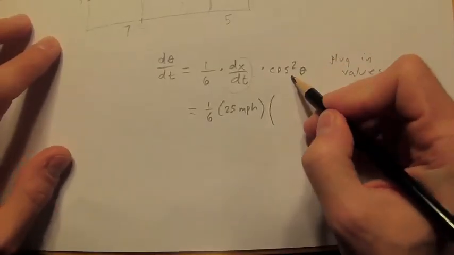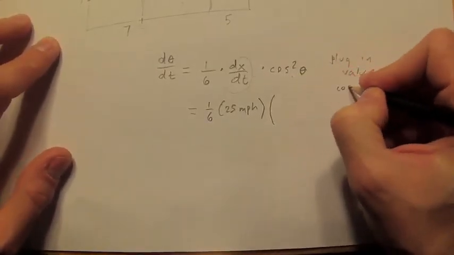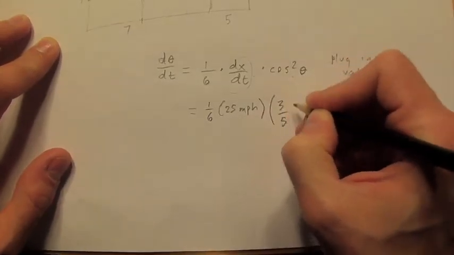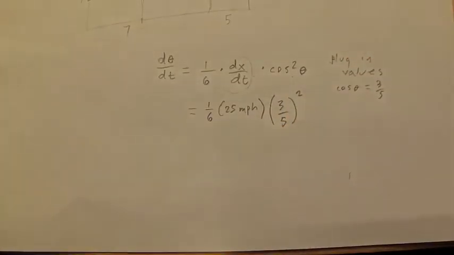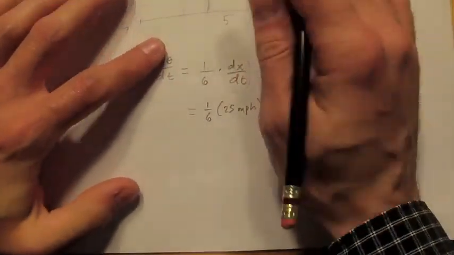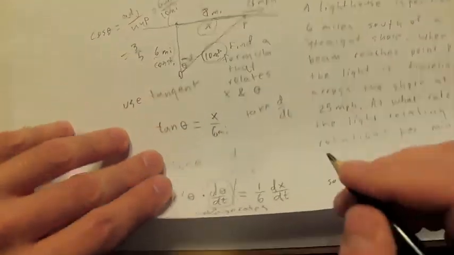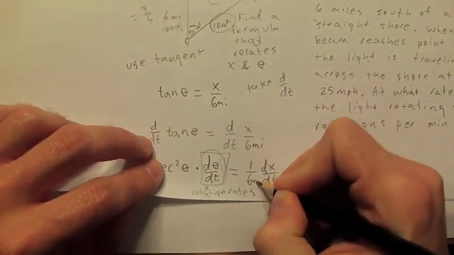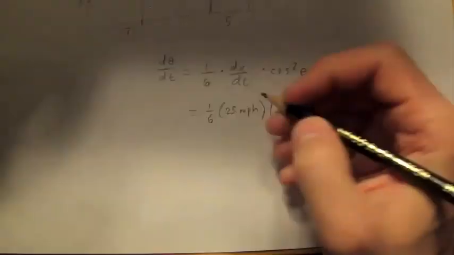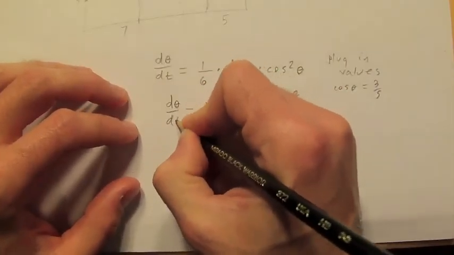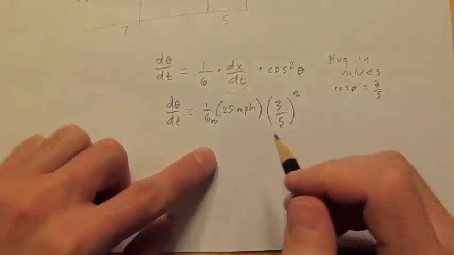So I'm squaring cosine, so cosine theta is 3/5, so this is 3/5 squared. And I should say this 1/6, I should have put miles here the whole way down, because, well, we'll see in just a second. Don't mind all this stuff up here, that's a different problem.